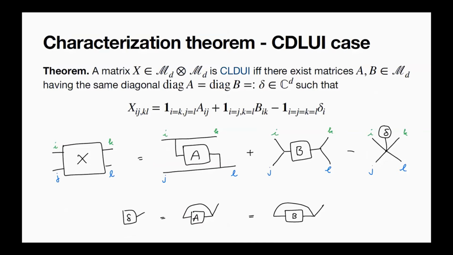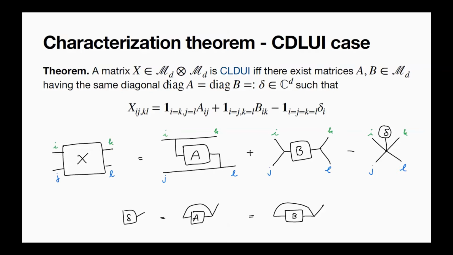The set of matrices satisfying these diagonal unitary invariances has many more parameters than in the unitary case, and this is how they are parameterized. I'm looking at this CLDUI invariance because I think it's the easiest one to explain. They are all more or less equivalent.